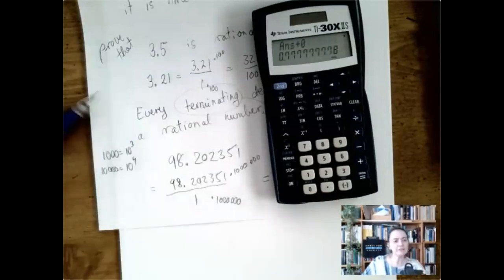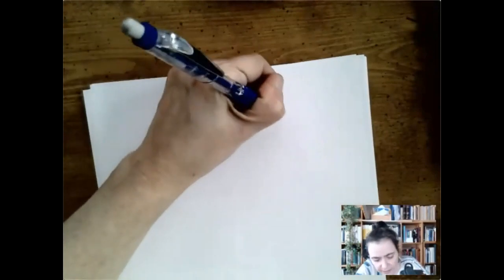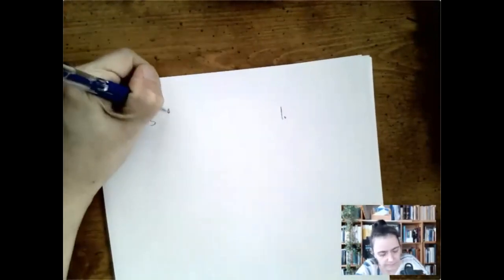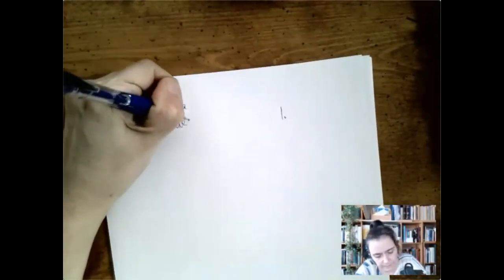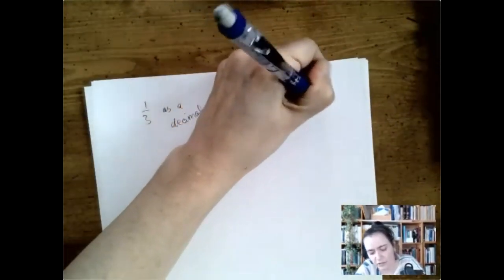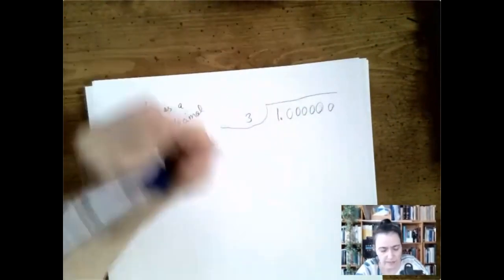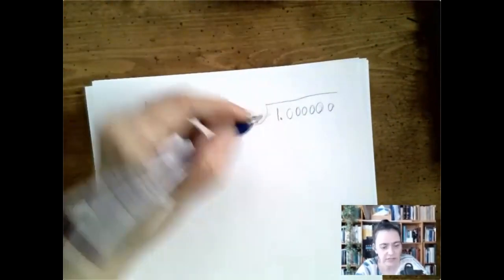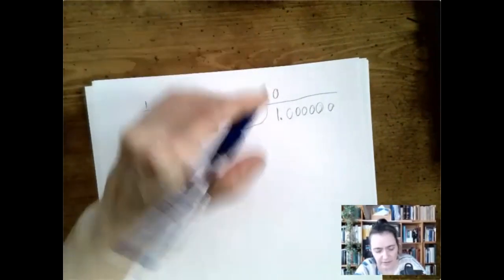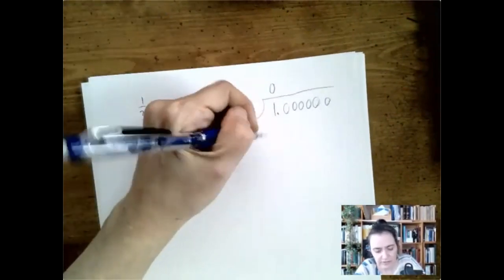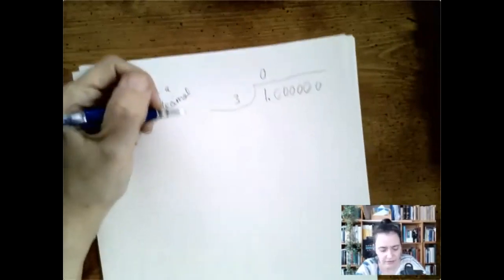So the calculator will never be convincing, but if we do the long division, 1 divided by 3. Now, this is not going to be division with remainder. This is division with decimals. So 3 goes into 1. No, it doesn't. 0 times 3, 0. We write down, we subtract. I don't want to clutter my paper with that.